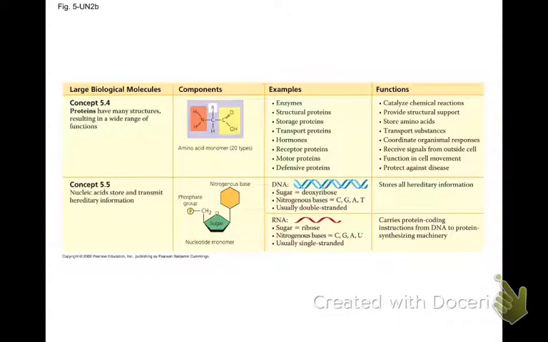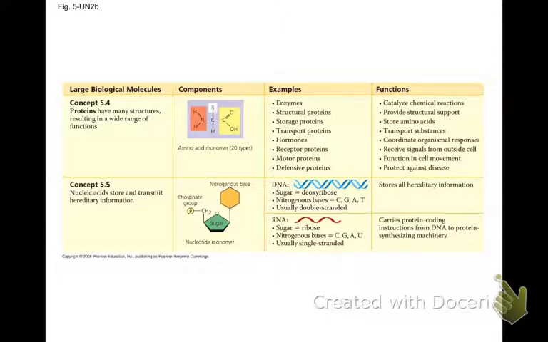And you have proteins. Remember, you have 20 different types of amino acids. The different examples with their functions are: an enzyme to catalyze chemical reactions, a structural protein to provide support, a storage protein to store amino acids, for example for the development of a chick, a transport protein to move substances across, or hormones to pass a message.